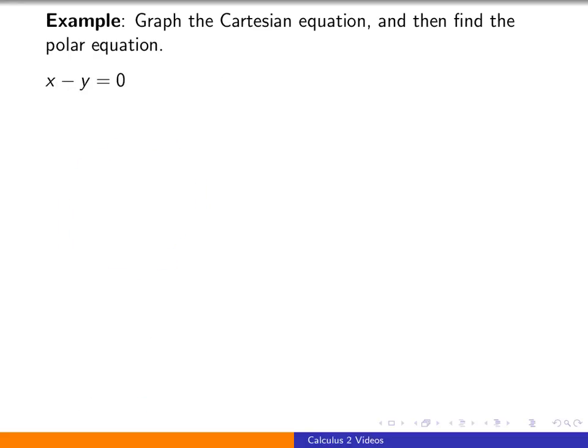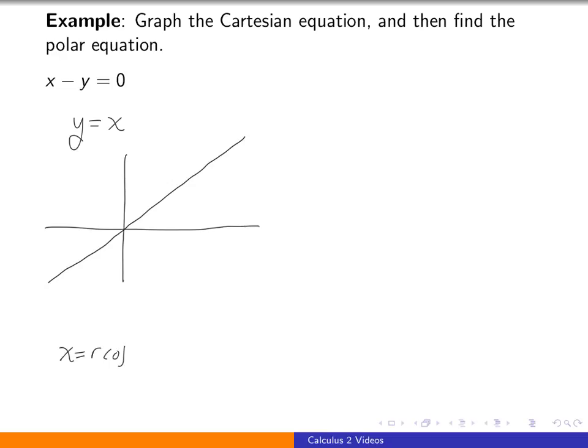Let's answer the same question for the equation x minus y equals 0. To graph this, note that this is equivalent to y equals x. So this is the standard line that passes through the origin with slope 1. Let's represent this as a polar curve, and I'm going to do so in two different ways. To begin, we're just going to plug in x is r cosine theta and y is r sine theta.